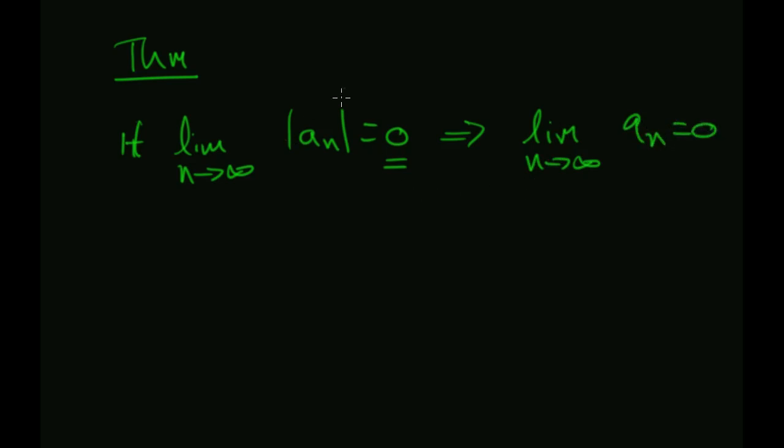So sometimes it's easier to prove that the absolute value is going to 0 than it is to prove that a sub n is going to 0. But if the absolute values of the a sub n's are heading towards 0, so too is the sequence itself. We'll take a look at that a little bit later on, but that's a pretty straightforward statement.